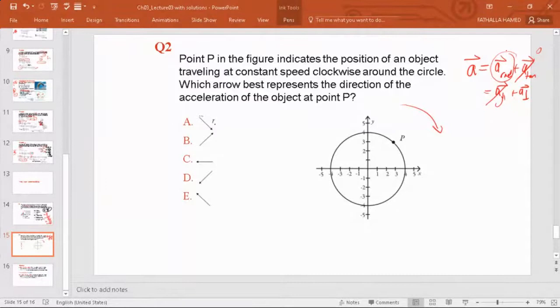Toward the center. So at this point, your acceleration will be pointing toward the center. What will be the right answer here? D, not A, right? Some of you said A. So you have to be careful, okay?